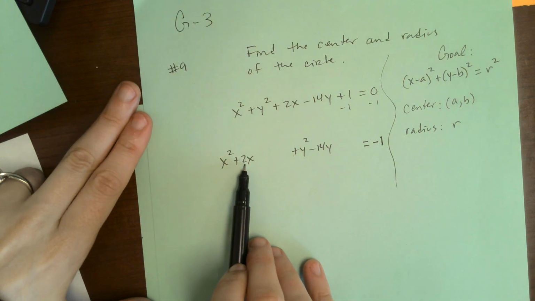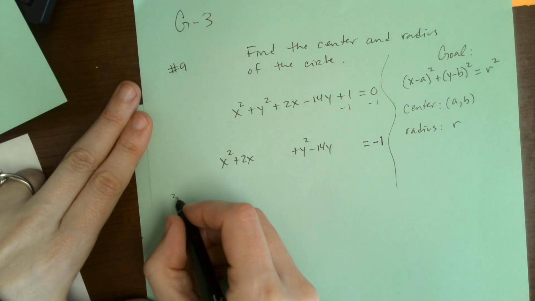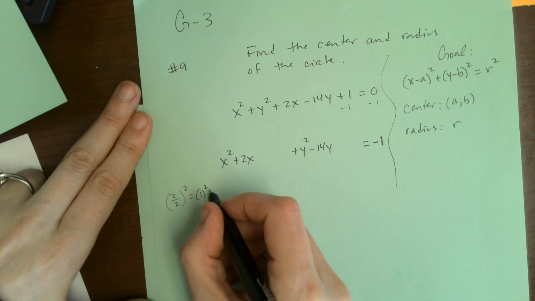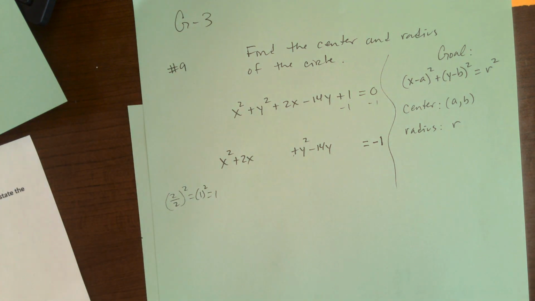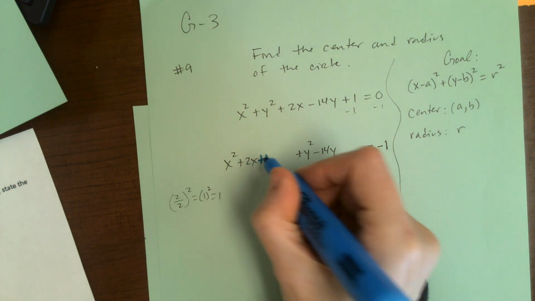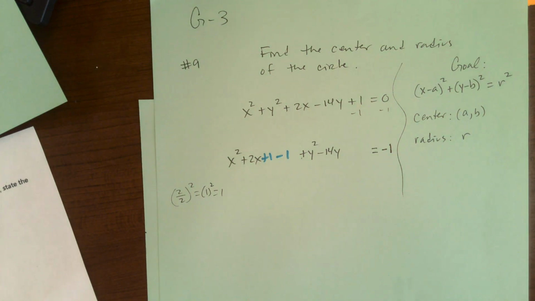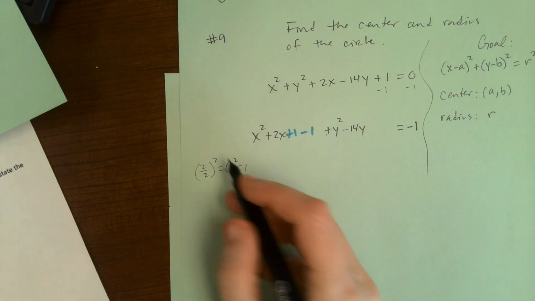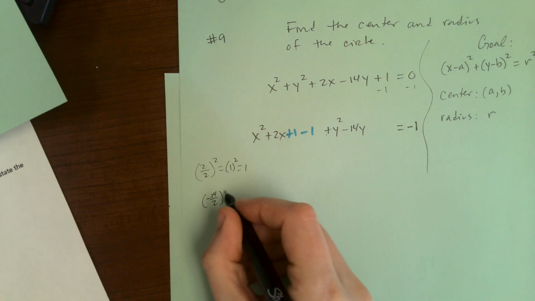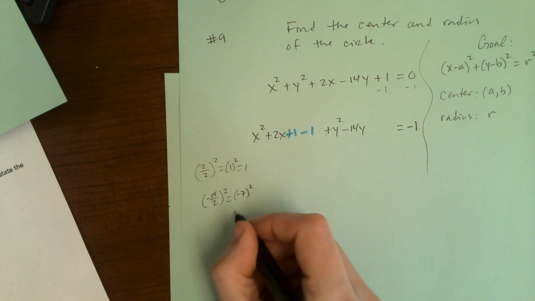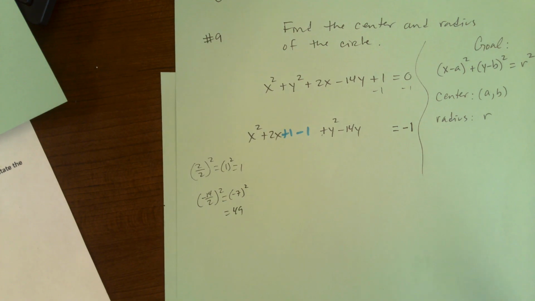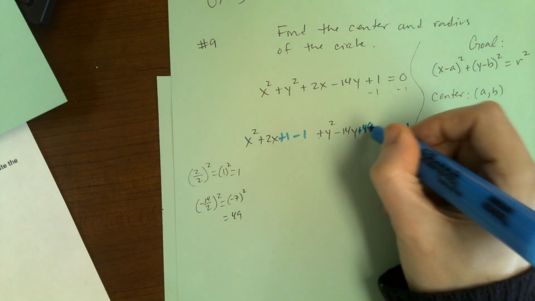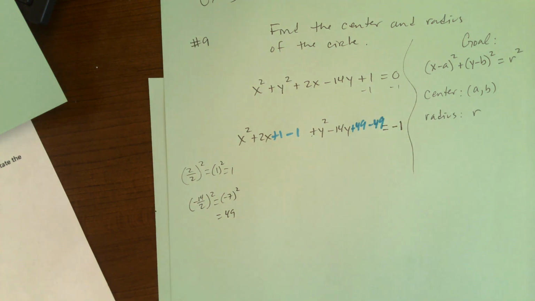For this one, I take b, cut it in half, and square it. That's 1 squared, that's 1. So in this first blank, I add 1, and then I subtract 1. In the next blank, I take negative 14, cut it in half, and square it. So I go plus 49 minus 49.